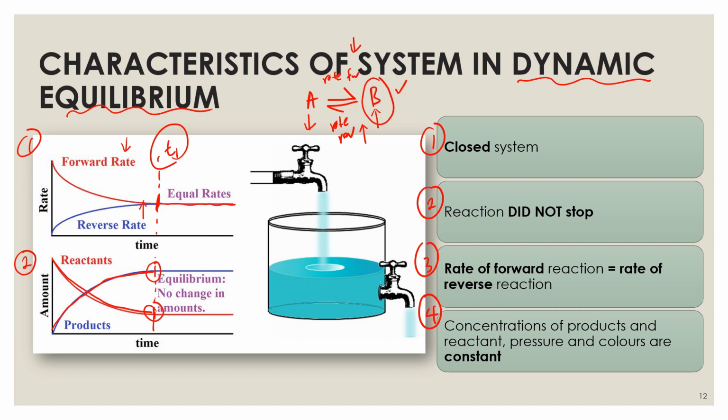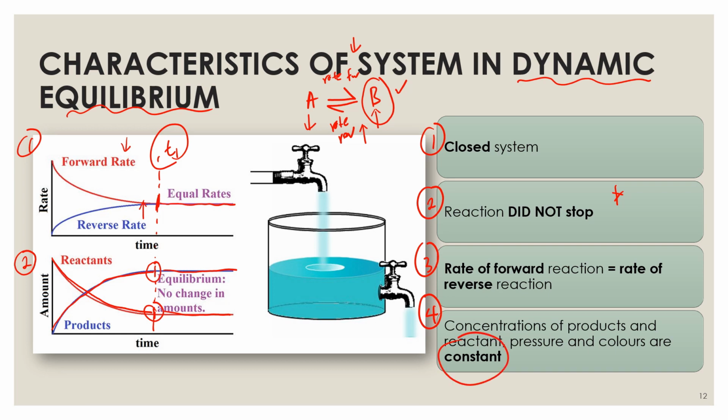Maksudnya, reactant dan juga produk tidak akan mengalami sebarang pengurangan dan penambahan anymore, but they will keep producing and keep using pada kadar yang constant. Okay, ini adalah kerana tindak balas tidak akan berhenti. So, production of the product and consumption of the reactant masih akan berlaku tetapi dalam kadar yang sama, okay, dalam kadar yang constant.